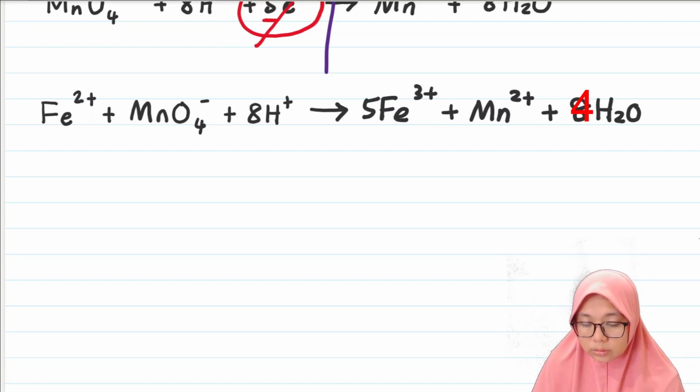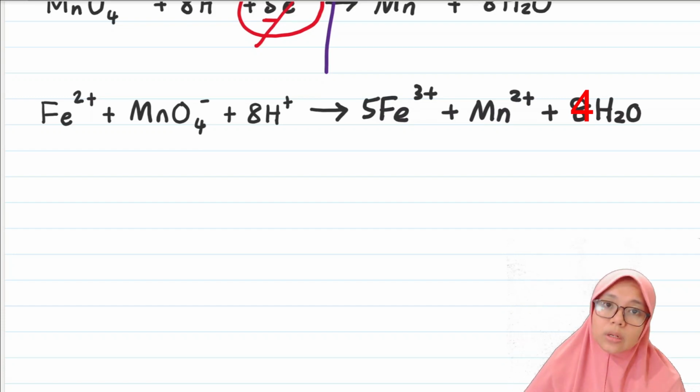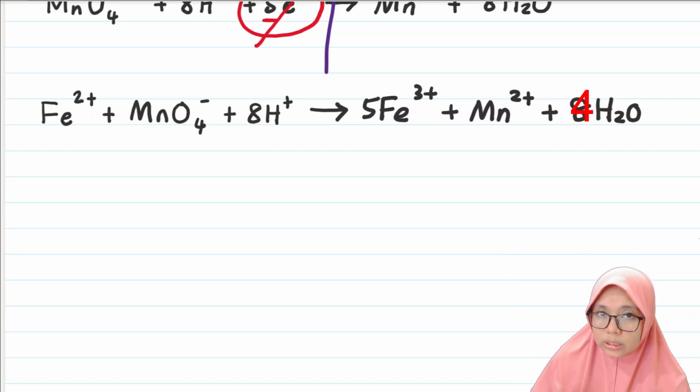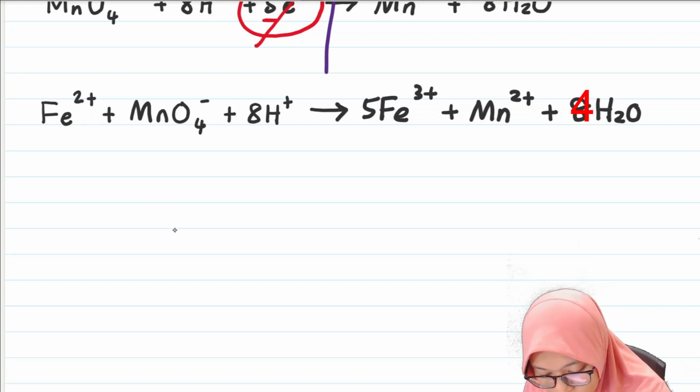Take some time to look at this ionic equation. During this reaction, as you can see, there is loss of electron and also gain of electron. Loss of electron is oxidation.